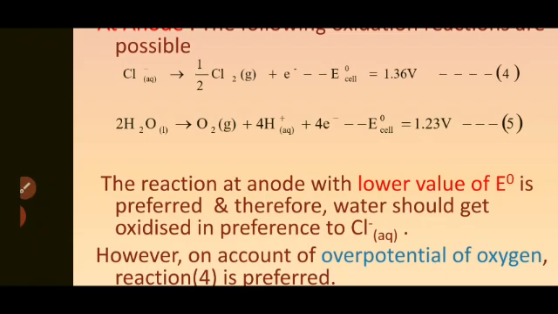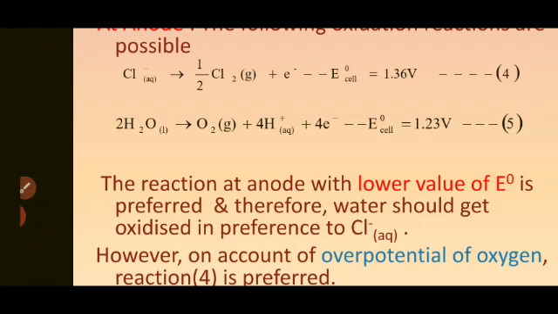So here also the electrons are lost, and this E naught cell value is 1.36 volt. Whereas from water, oxygen gas is also formed by oxidation, and it loses 4 electrons; the E naught cell value for this is 1.23 volt.